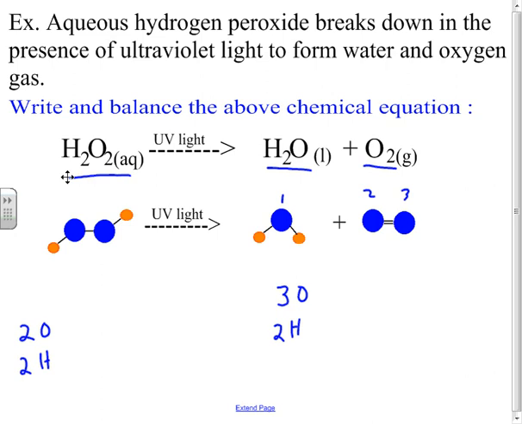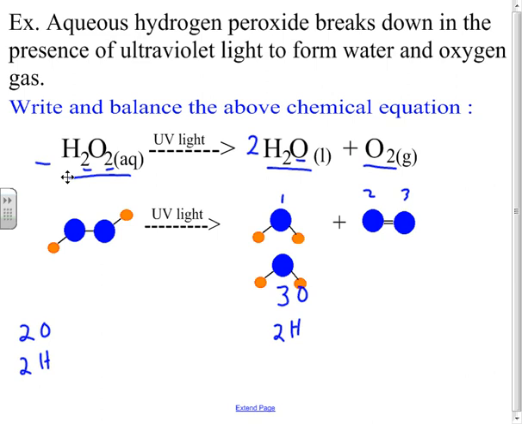And so how do we balance this? Well, note on the reactant side, since it's H2O2, the hydrogens and oxygens must always be even. No matter what number I put in front there, you always have to have an even number. So it's this oxygen that is making it odd. So I'm going to start by doubling the number of water molecules.